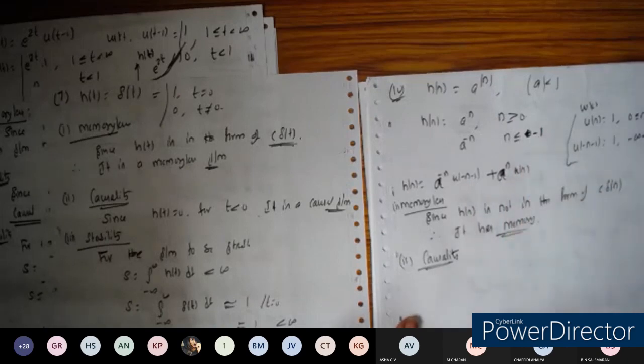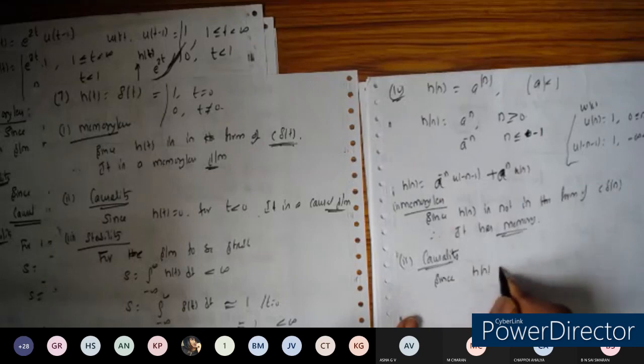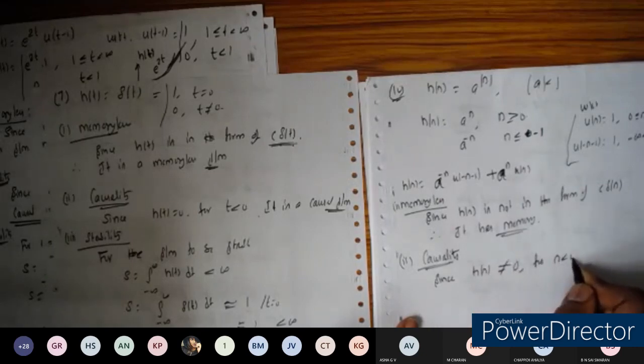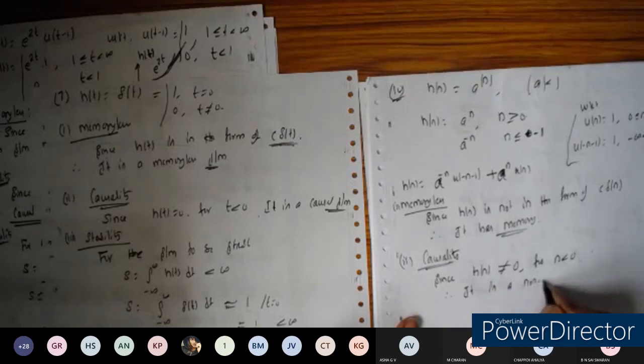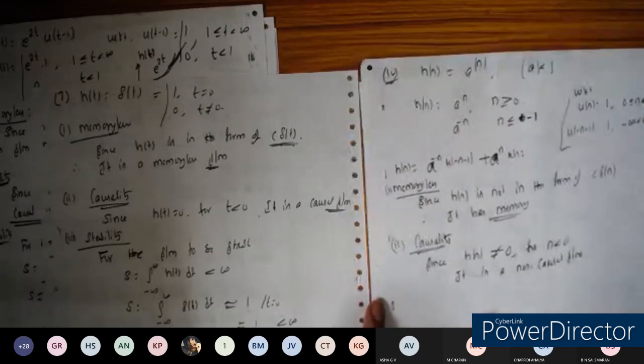Since h of n is not equal to 0 for n less than 0, therefore it is a non-causal system. The given system is a non-causal system.